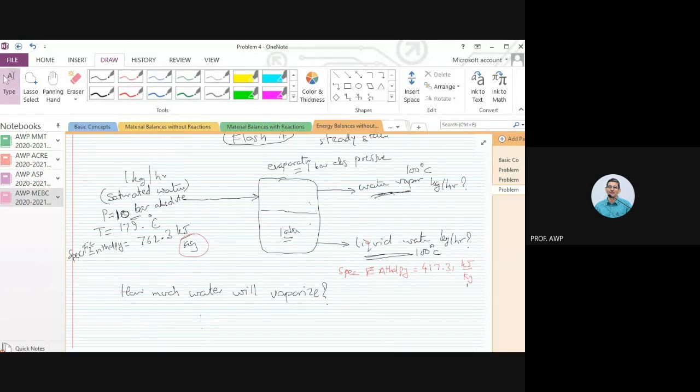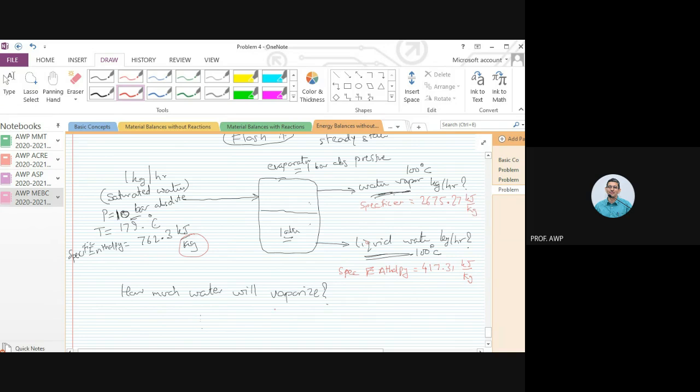Liquid water, do you agree? Yes, sir. Water vapor, what was the enthalpy? 2675.27 kilojoules per kg.